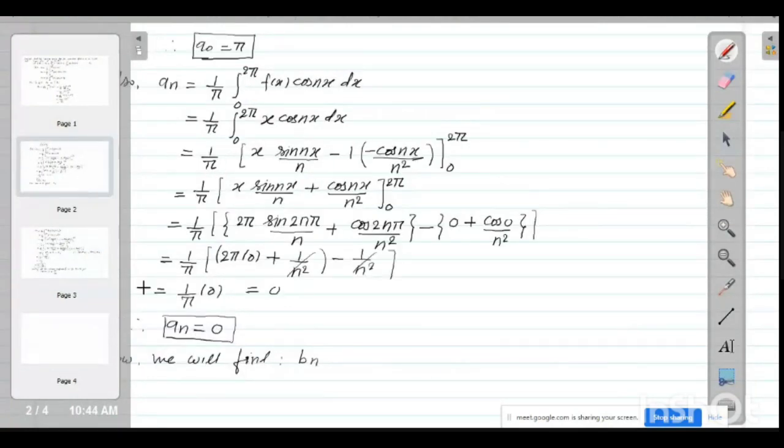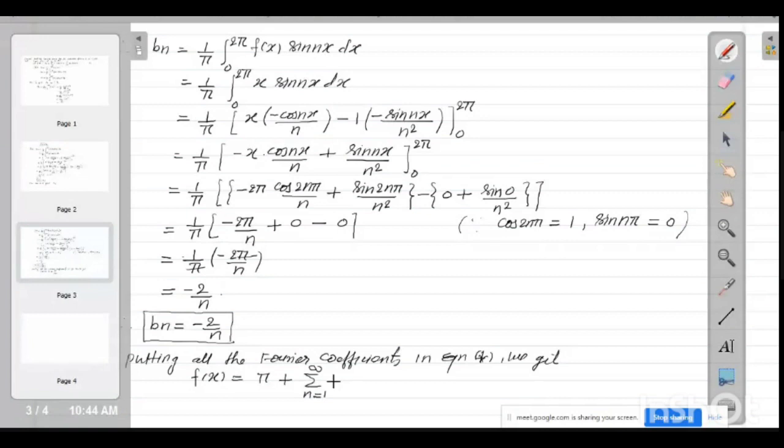An is 0, cos nx. And plus summation running from n equal to 1 to infinity. Bn is negative of 2 by n, and sin nx. Okay, let us simplify this.